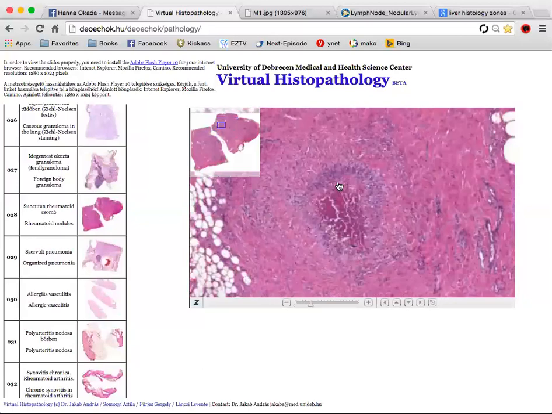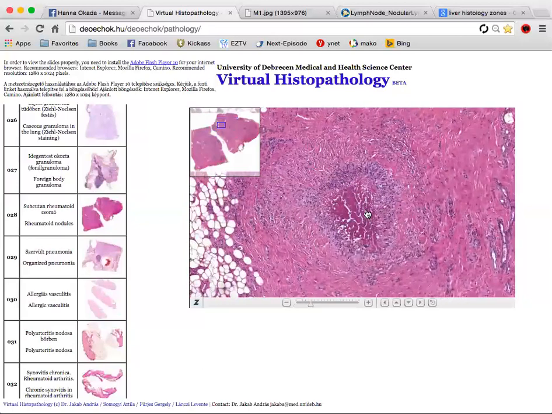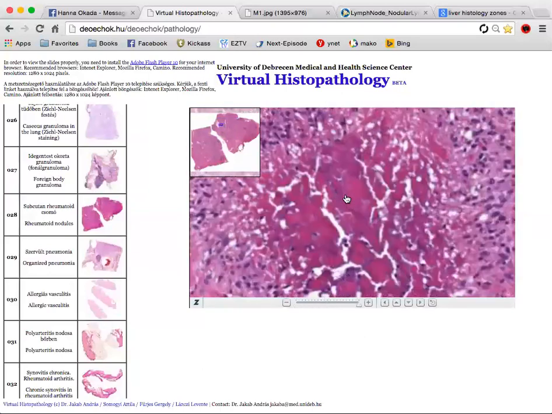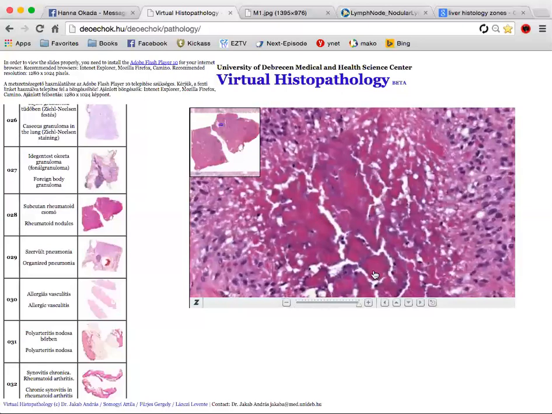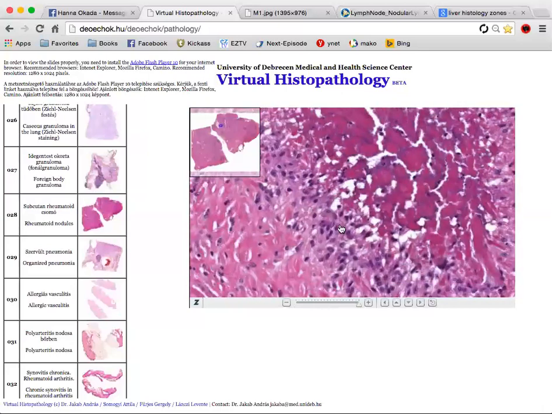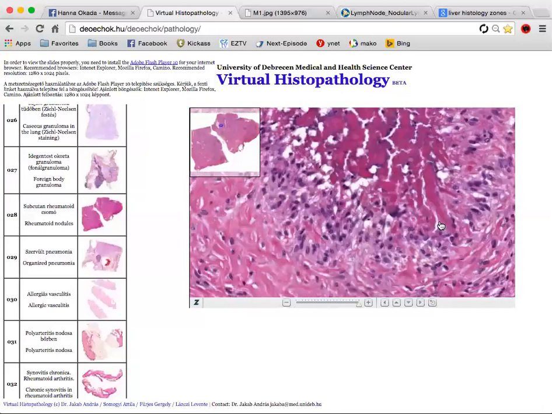I'm going to zoom in, and what it is, each nodule has an outer layer of epithelioid cells, and inside it's fibrinoid necrosis, like in vessel walls. So this is all necrotic. That's why it's so darkly eosinophilic. And all of these are epithelioid cells.